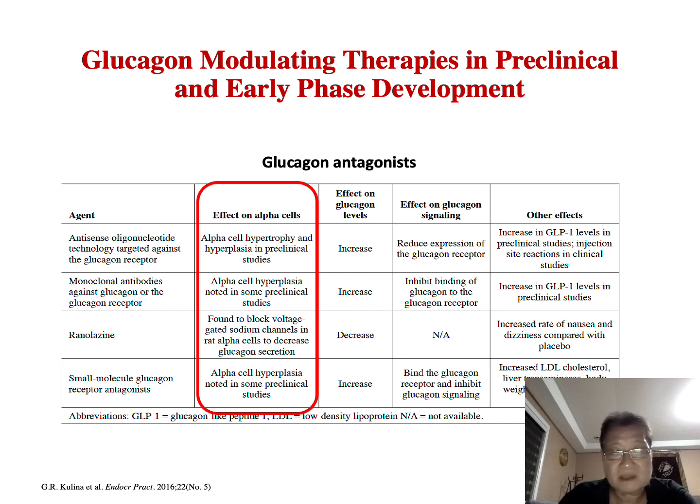All of these appear to have glucose-lowering properties and have recently been reviewed. Although again, the efficacy profile of these is promising, the side effects outweigh the beneficial glucose reduction. And this is the real challenge of glucagon antagonists in clinical trials.